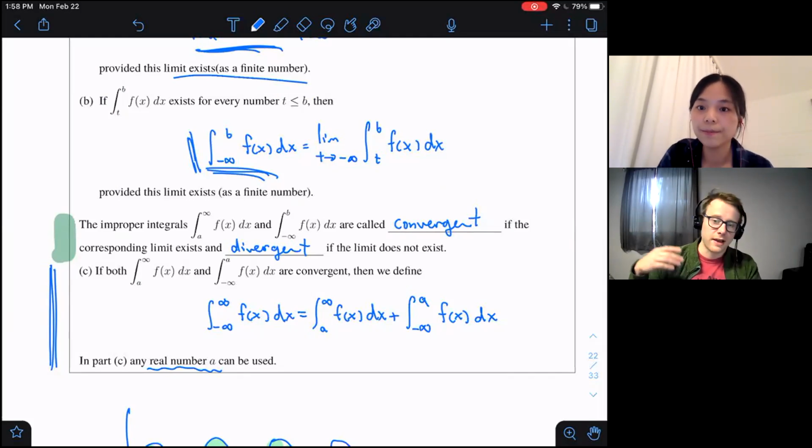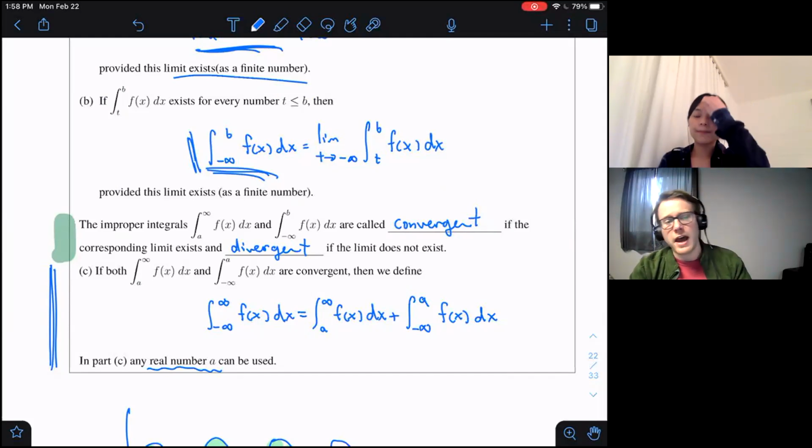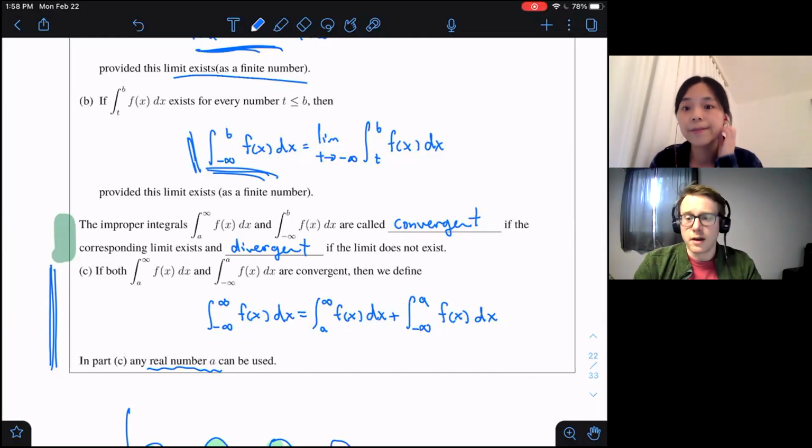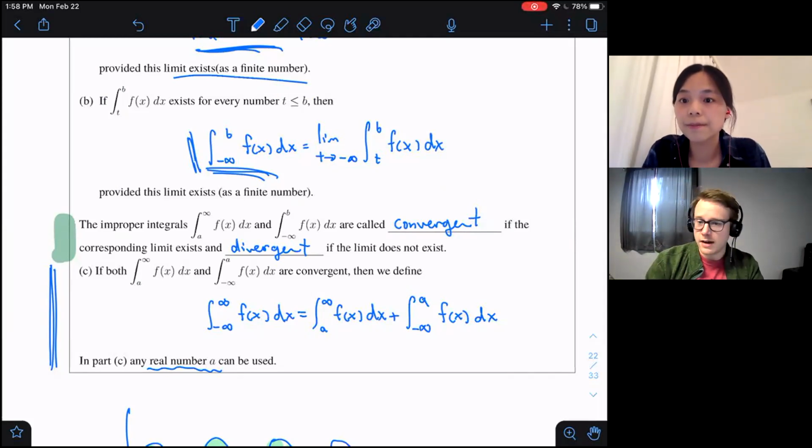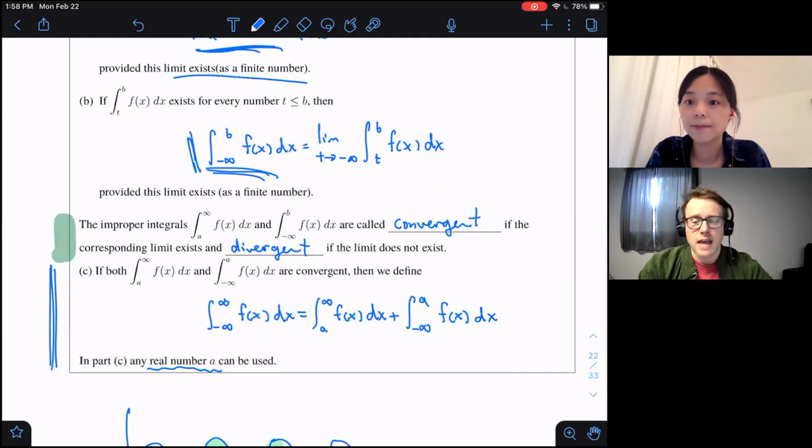So if you get something like 50 or 13 or negative pi or what have you, that all means that it converges. And if it doesn't go to any single finite number, if it goes to something like infinity or negative infinity, those are going to be the classic examples, then that means that it diverges. And again, that's a little bit simpler, and it's correct about 95% of the time.